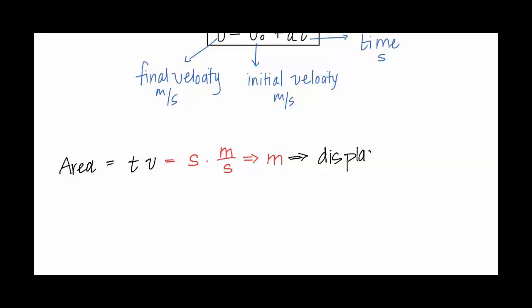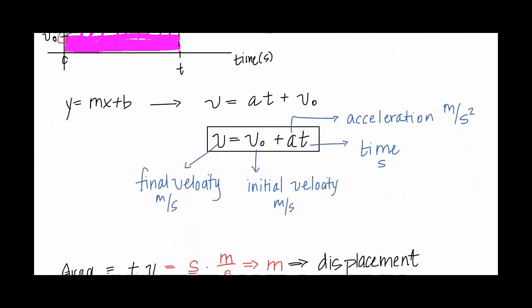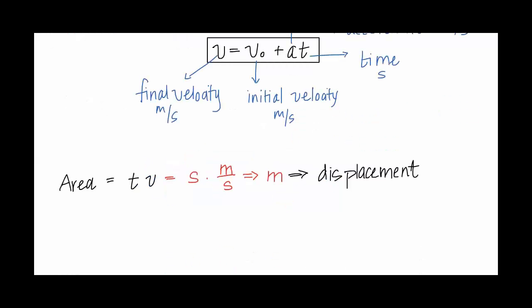Change in position is also known as displacement. Remember, displacement is different than distance. All right, so we can do these two different shapes, the rectangle and the triangle, to find our displacement.